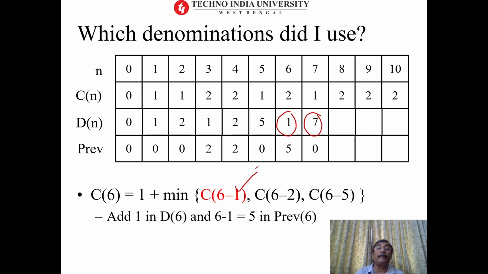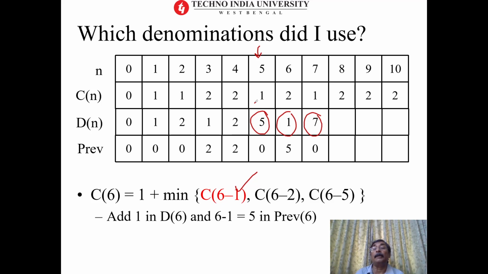So what I remember here is I gave one coin of denomination 1, and this tells me where I can get the remaining denominations. So I go to 5, and here I see that again I give one coin of denomination 5. So how many coins did I give? 2 coins, one of denomination 1 and the other of denomination 5.